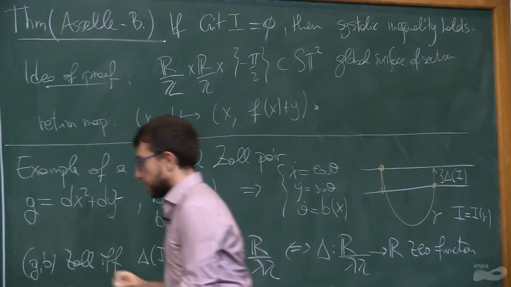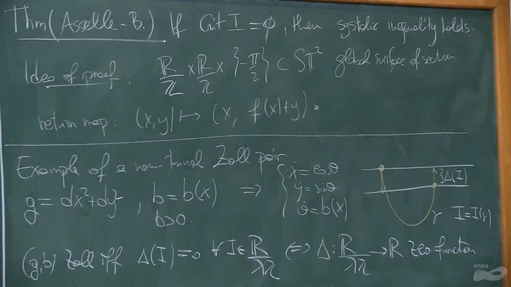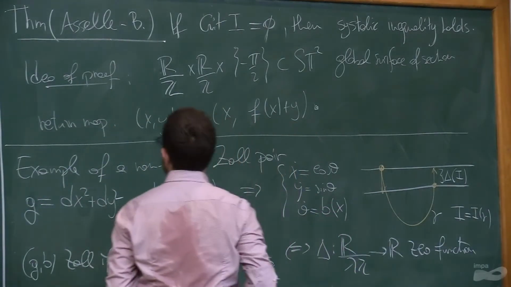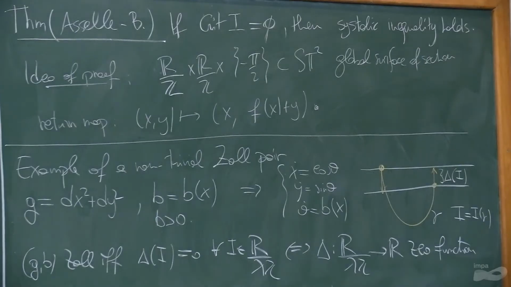Okay, and so the idea now is to compute this function and basically to compute the Fourier coefficients of this function over here and then get some kind of condition. Okay, so what is then delta of I?